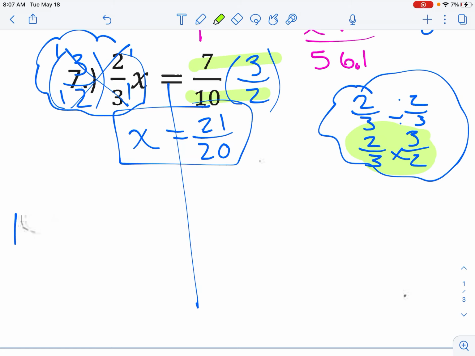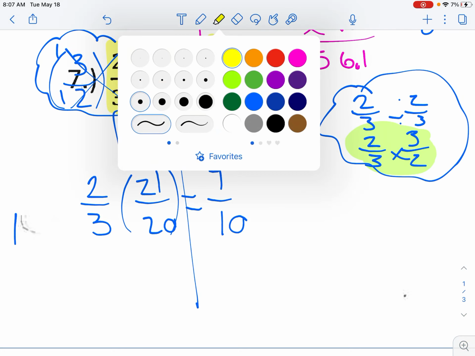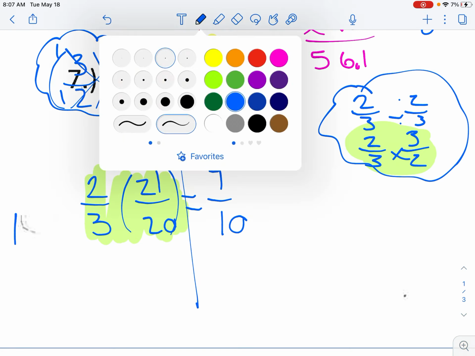All right, next is substitution. So I'm going to rewrite 2/3 times x equals 7/10, but I'm going to substitute my solution for x. So 2/3 times 21/20 equals 7/10. So you have to show me this math out to the side.